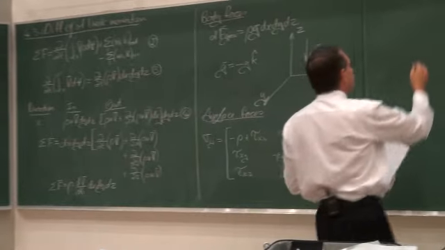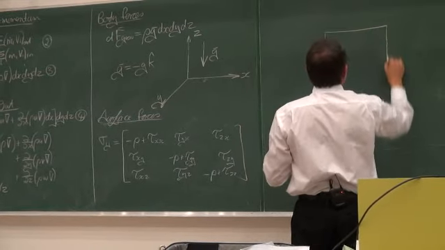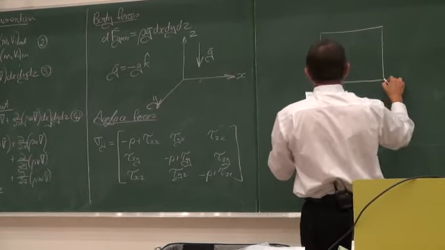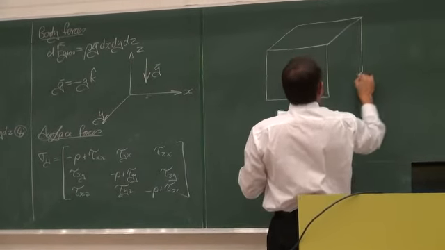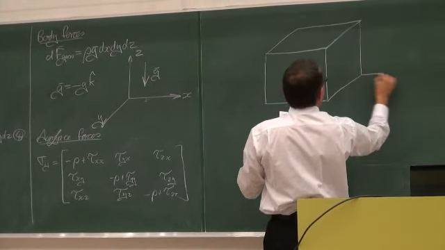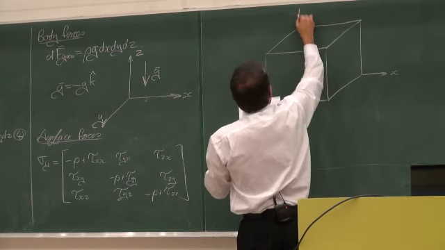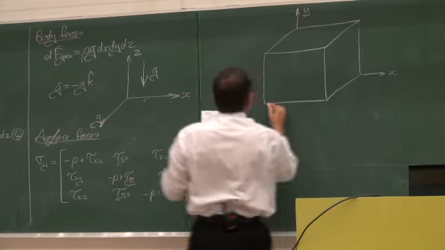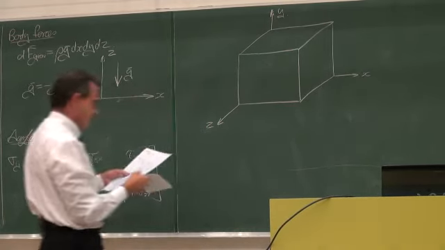And this relates to a control volume where we use the following notation. That is the x direction, that is the y direction, and that is the z direction.